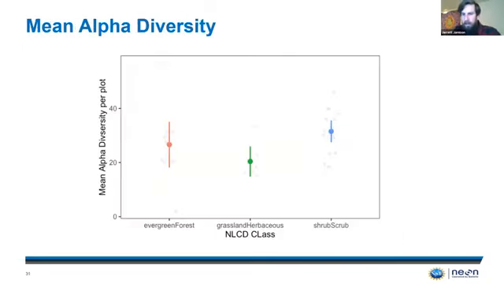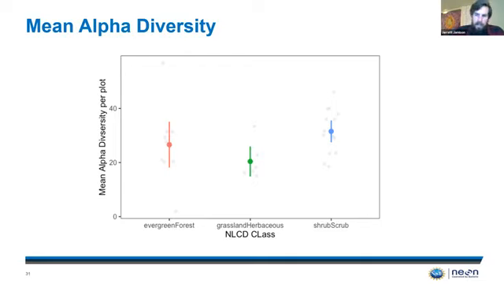All right, so now that you know a little bit more about our protocols on plant sampling, we can take a look at some actual plant data from Yellowstone. So here we can see the mean alpha diversity per NLCD class at Yellowstone from 2018 to 2020. The mean alpha diversity per NLCD class is simply the number of unique species seen in each plot averaged for each NLCD class.